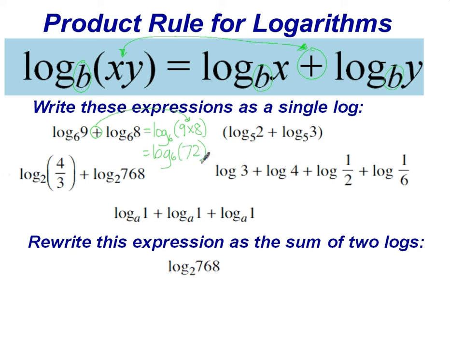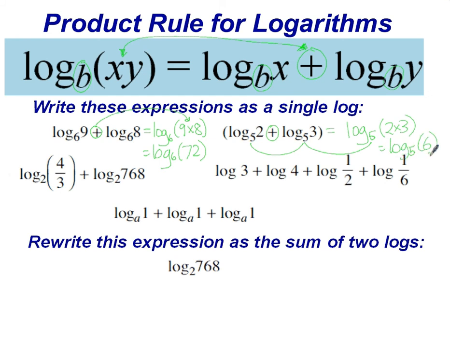Okay, next. Same idea on this one. Again, we have the plus sign on the outside, so that's going to become log base 5. Notice that it's 5 here, and 5 here. And so log base 5 of 2 times 3, which is log base 5 of 6.